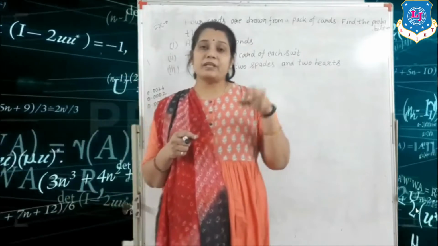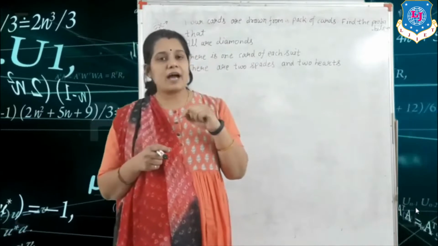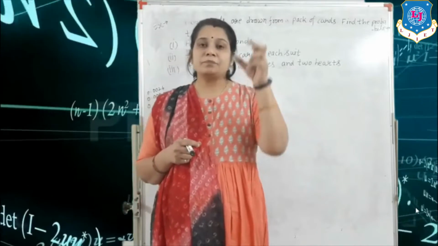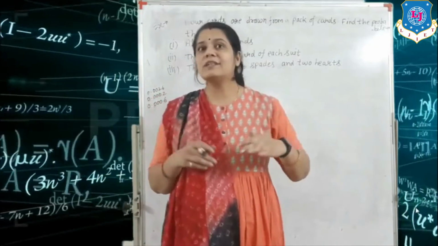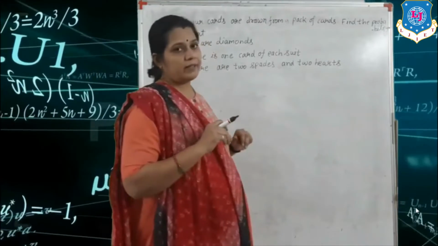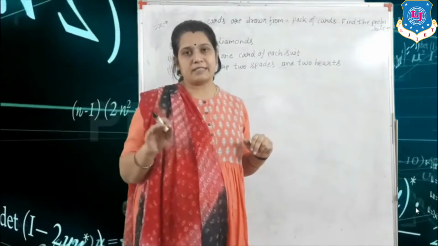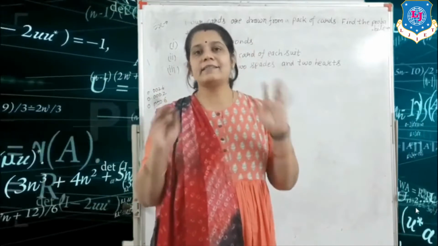First we find the total possible outcomes, that is, the total exhaustive events. Got it? So first we find the case where all 4 cards are diamonds.